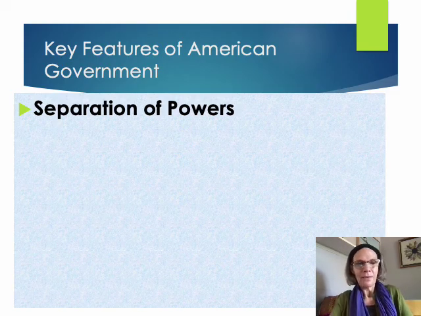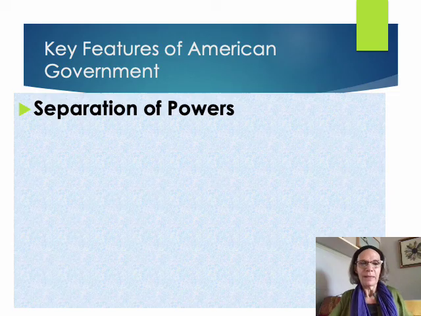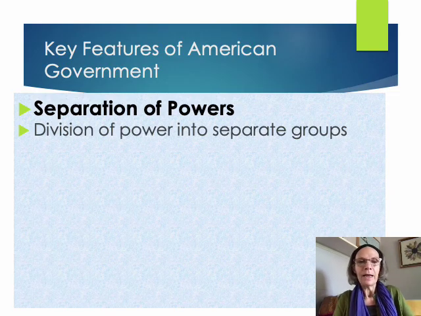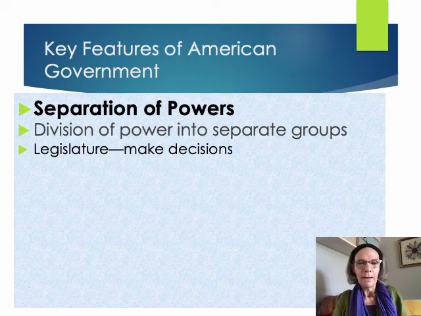So to put the brakes on that abuse of power, let's separate power out into separate groups, okay? And so the United States government is predicated upon this concept of separation of powers. Basically, we have three institutions of government, okay? You guys know this, so a lot of this is review.